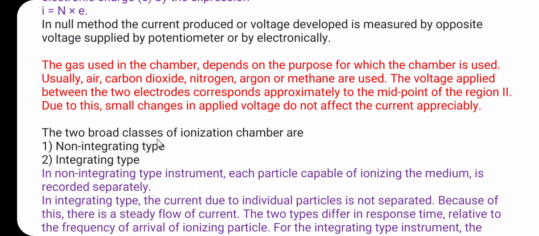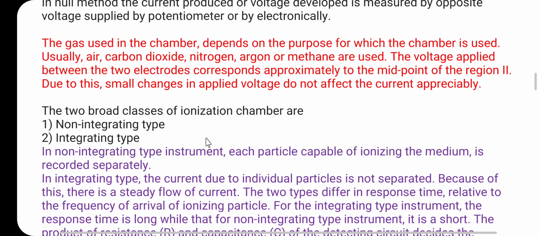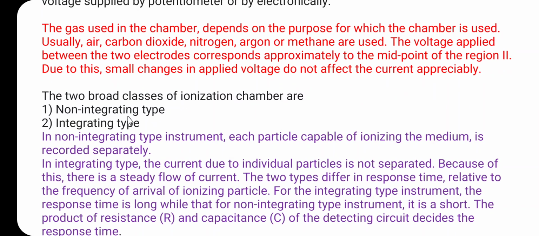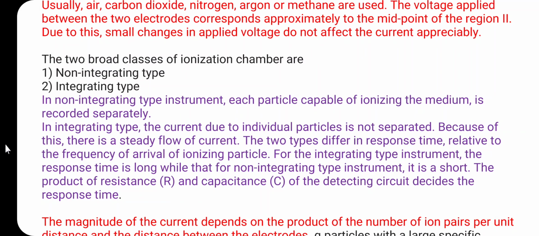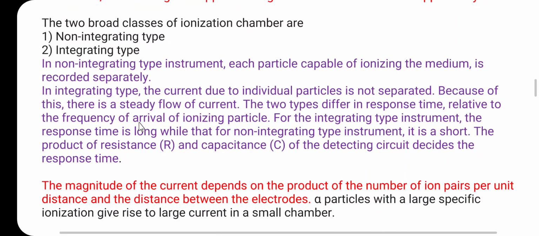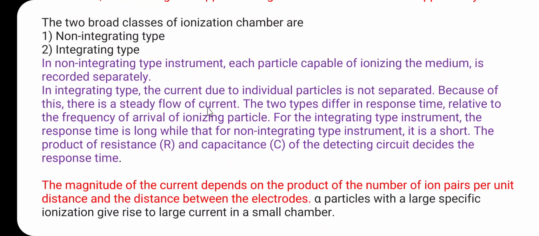There are two broad classes of ionization chamber: number one is the non-integrating type and number two is the integrating type. In the non-integrating type instrument, each particle capable of ionizing the medium is recorded separately. In the integrating type, the current due to individual particles is not separated, because of this there is a steady flow of current.